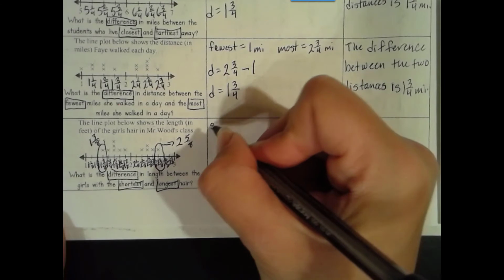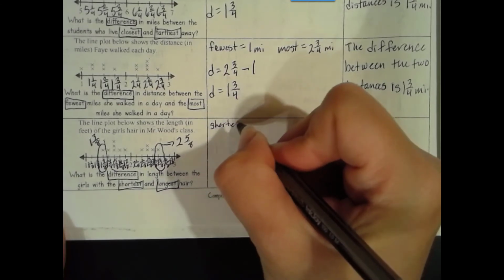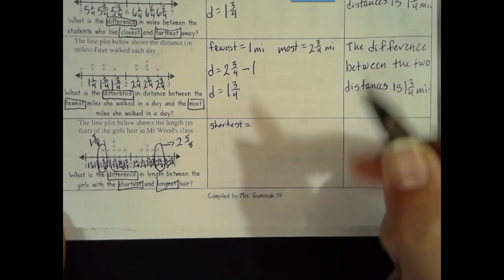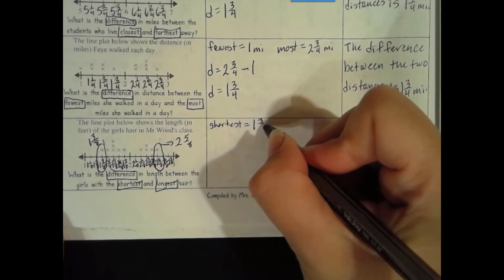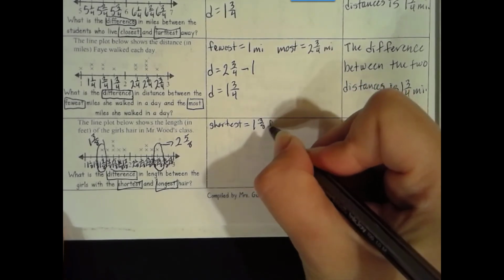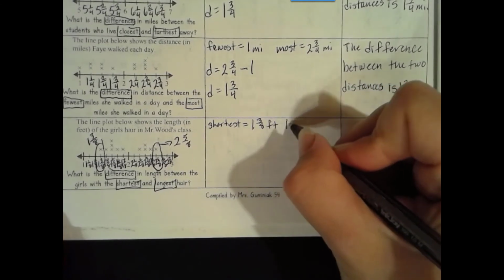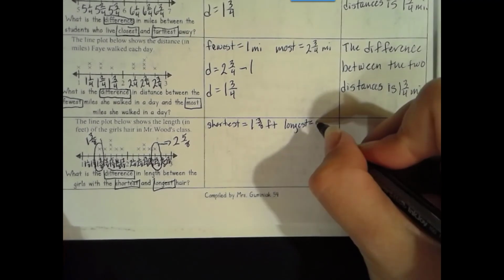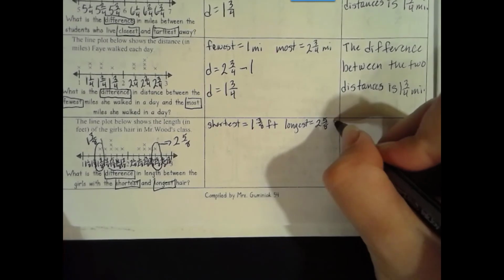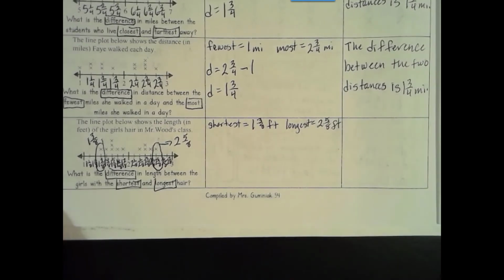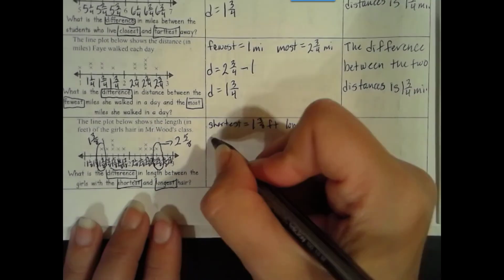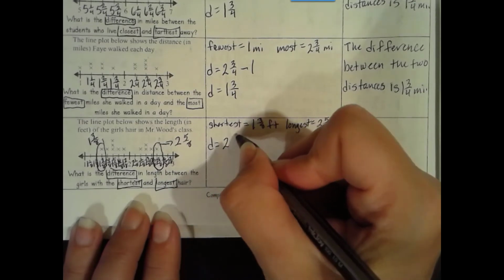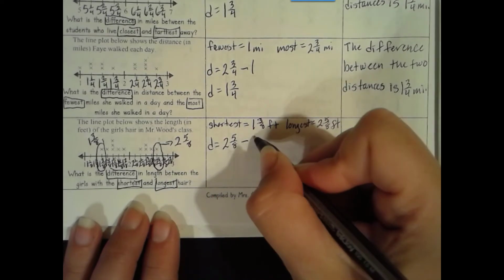So shortest is 1 3/8 feet. Longest is 2 5/8 feet. So our difference between the longest and the shortest.